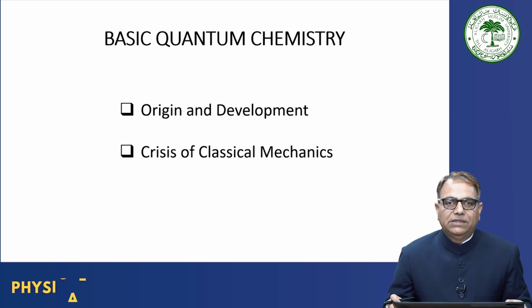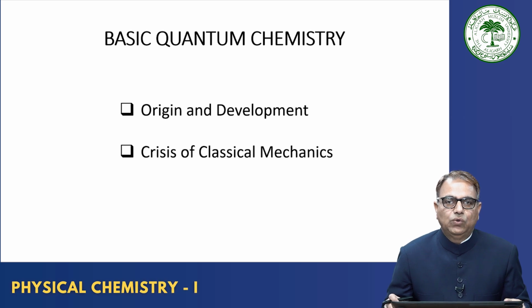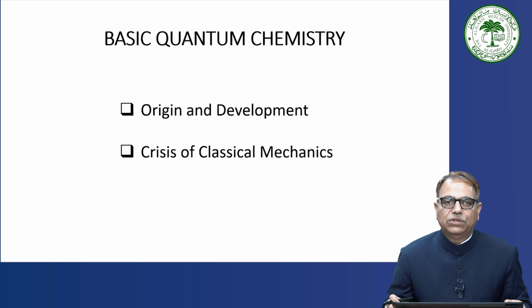Quantum chemistry is actually the application of quantum mechanics to chemistry, and this application is essential to understand the structure of atoms and molecules and the behavior of the electrons during chemical reactions.